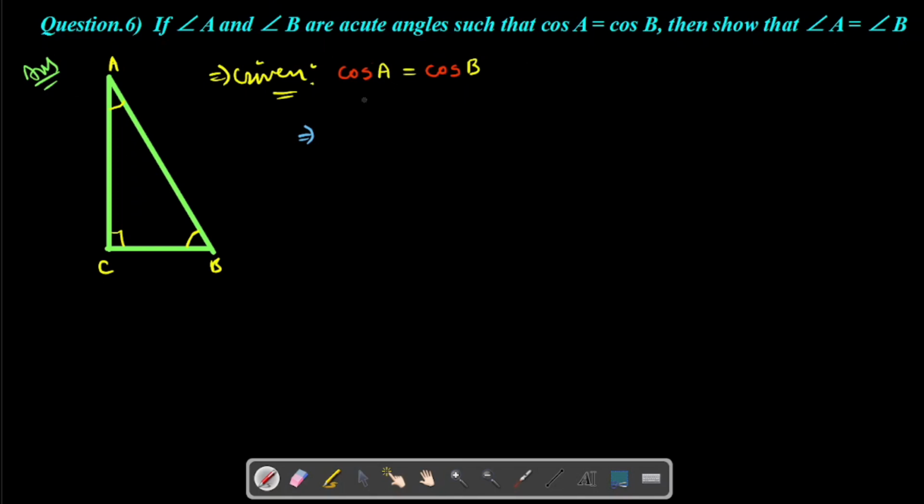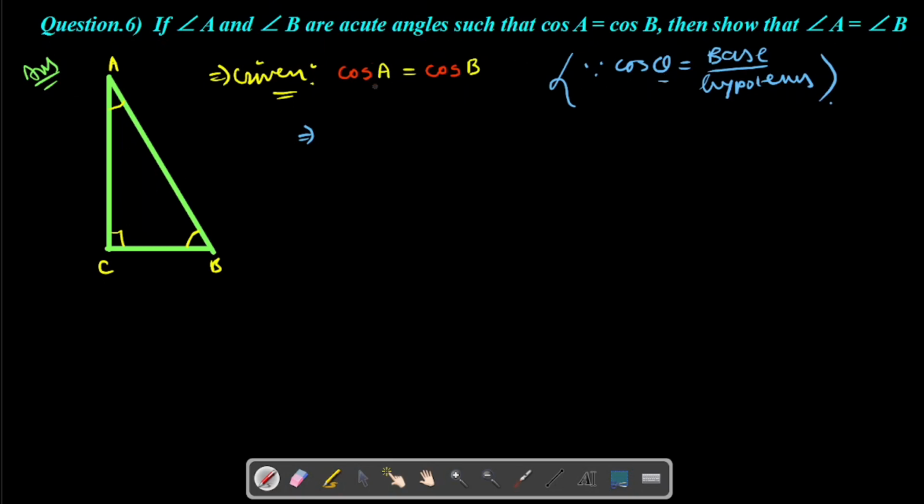Here cos A is equal to cos B. Let me clarify that cos theta is equal to base upon hypotenuse, for angle theta.